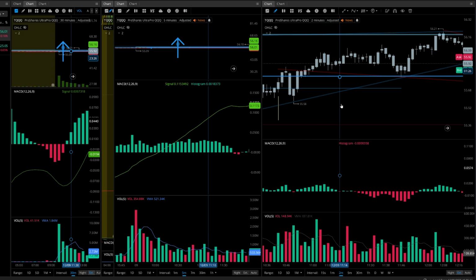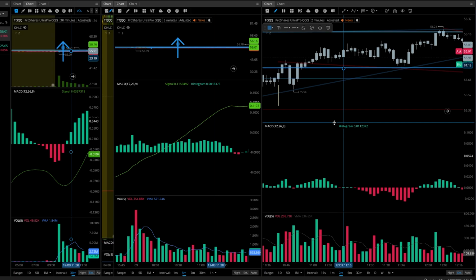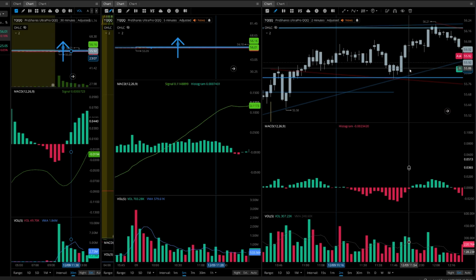So if we go to this candle here, we have a volume confluence, but look at the MACD histogram. The MACD histogram is not going up, it's going down. We're thinking up, we're aligned up, MACD histogram is down. You can take this trade and try to target a small profit, like a 2-to-1 ratio, in which case you actually would have won.